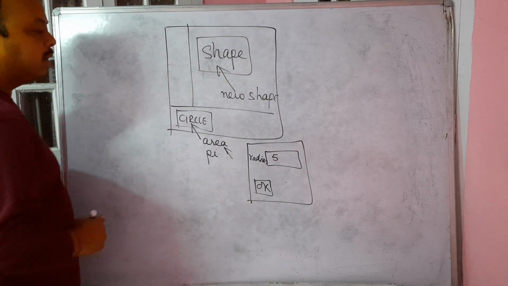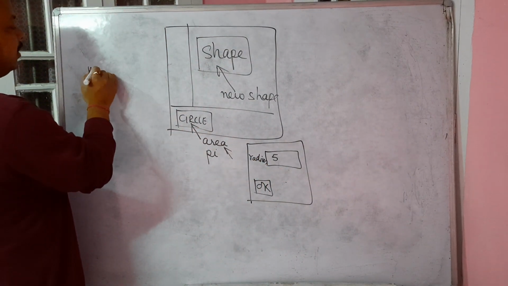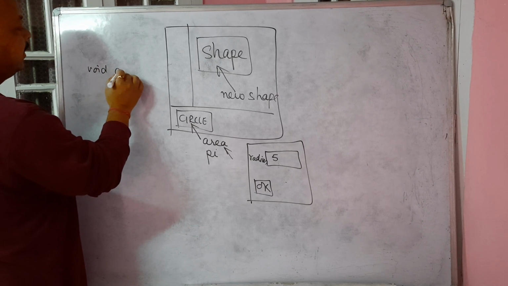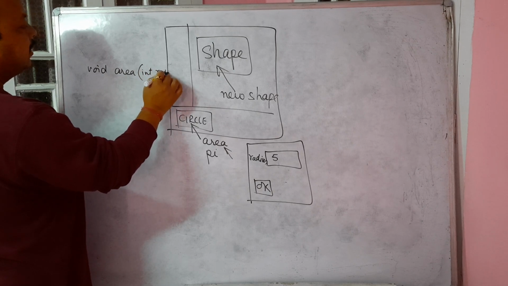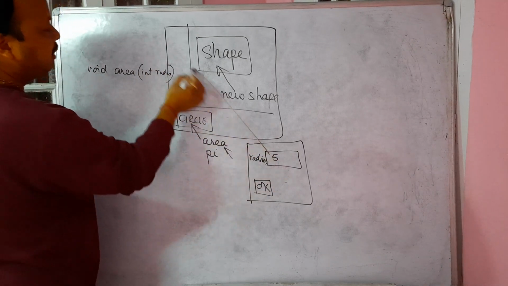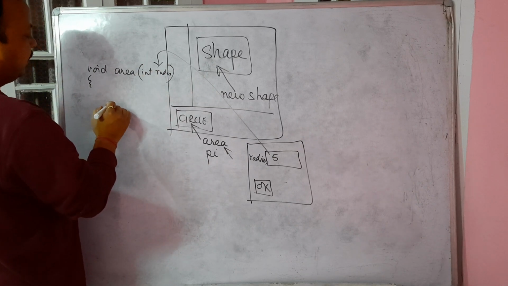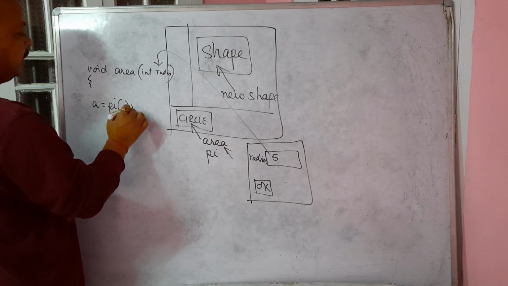The moment you click OK, if you remember, the layout of the function was void area and int radius. So this 5 is going to be supplied to radius, and internally a is equal to pi function will be called first.